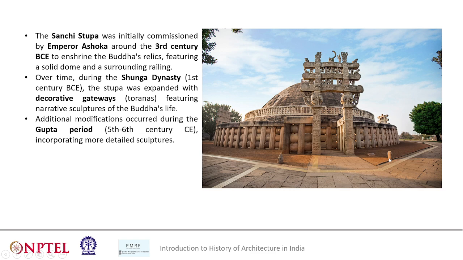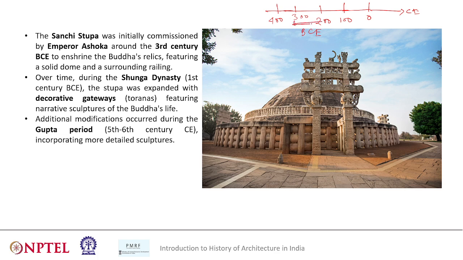Even the oldest stupa, the Sanchi Stupa, was built around the 3rd century BC. So again, 300, this is 200. Let me draw it properly. If this is 0, and this is 400 BCE, so this is BCE, and this is the century.